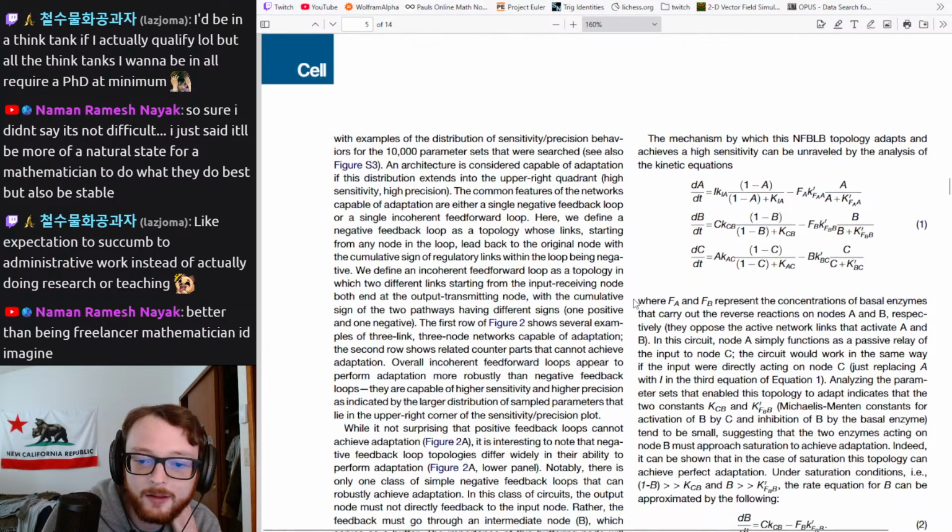FA is the concentration of basal enzymes that carry out the reverse reactions on nodes A and B. Okay. So A is being reduced by something we're not exactly accounting for in the model.